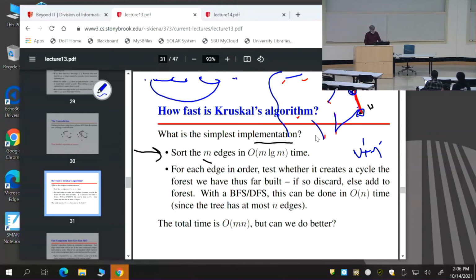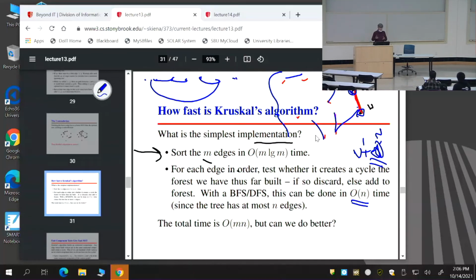Given that I'm building a tree, the number of edges in my tree is going to be order n. So my claim would be that doing the connected component test would take order n time per each iteration. So one thing that I could do is find all the connected components in the subset of minimum spanning tree edges, and then tell me whether i and j are in the same component. That would take order n.